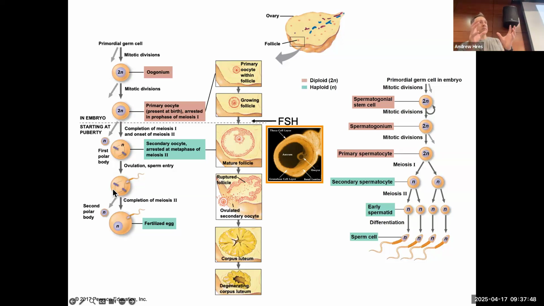All of the other material, the mitochondria, all of the yolk, is going to be asymmetrically distributed into one of the halves. That's why we're able to have a concentration of all of that supporting nutrients in the egg, which will eventually get fertilized.